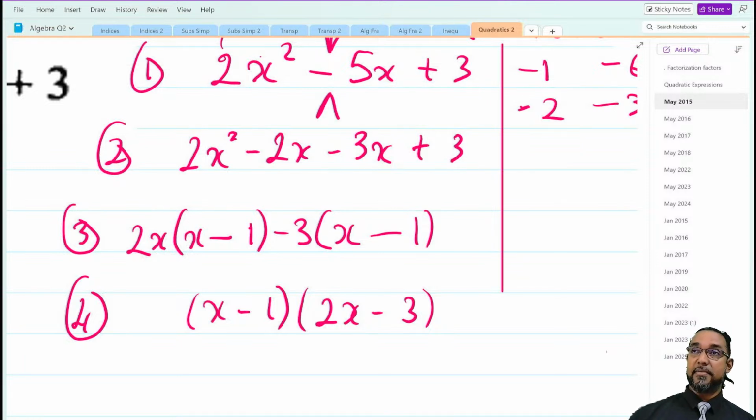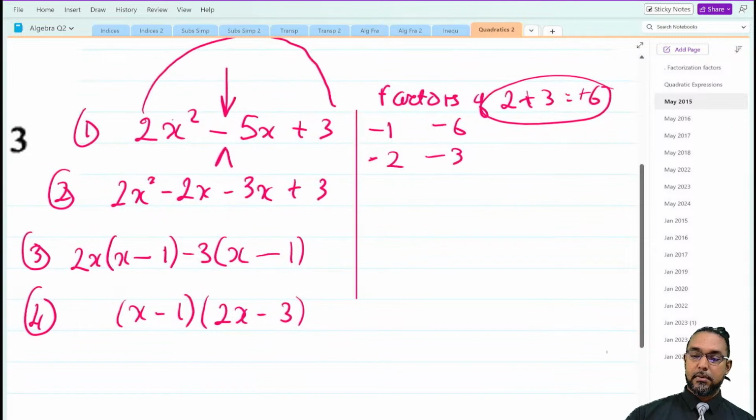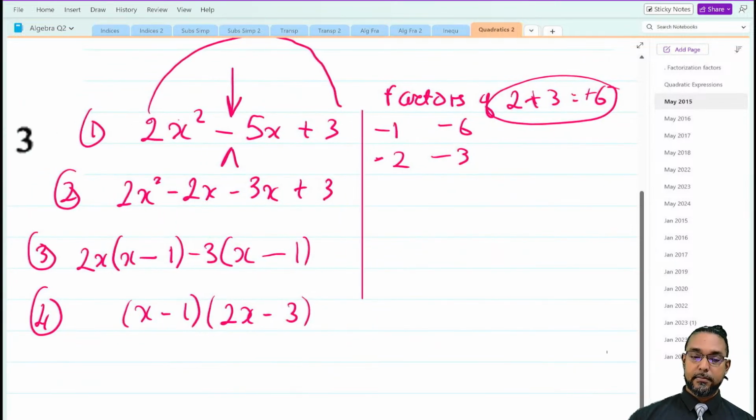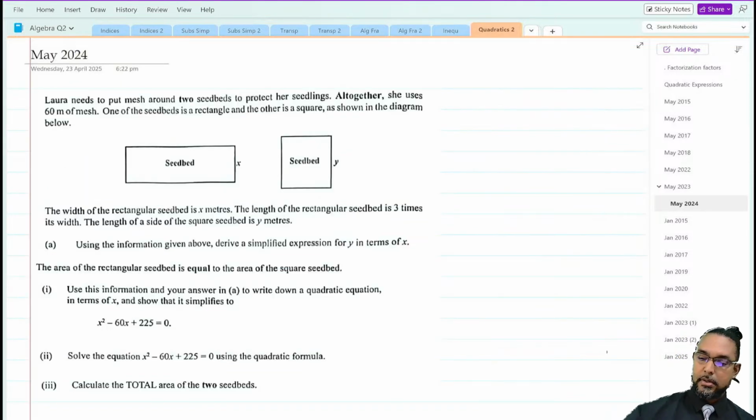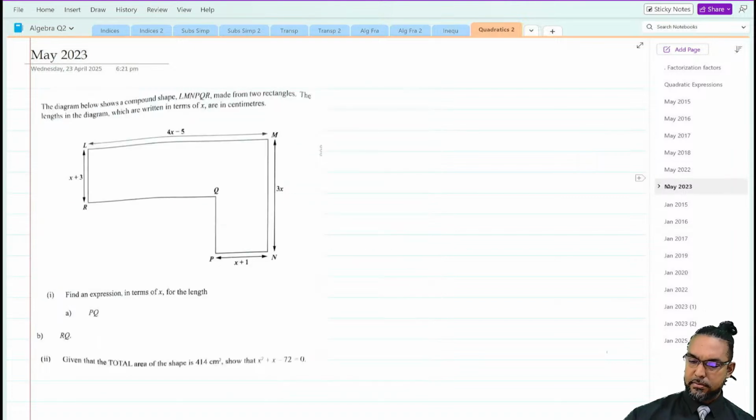As in how to find a common factor? Right, because the numbers you're looking for are not the factors of this.